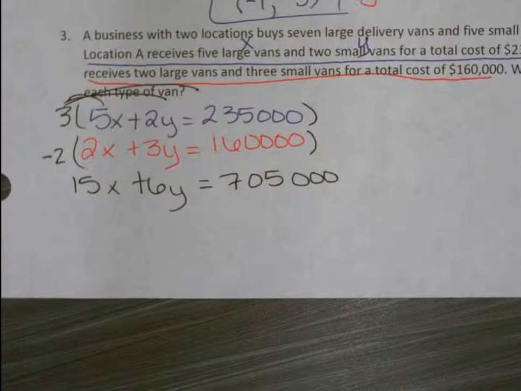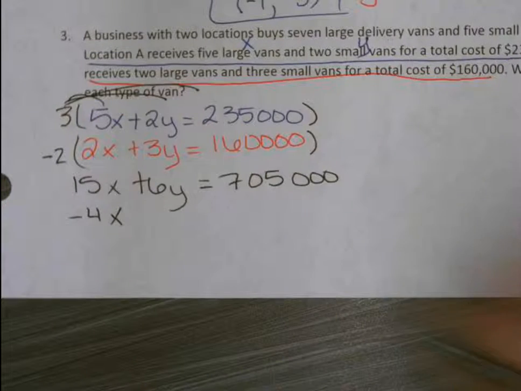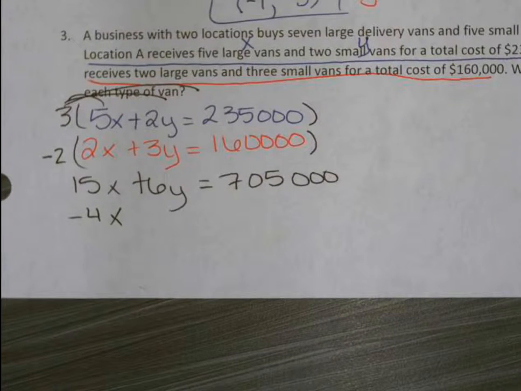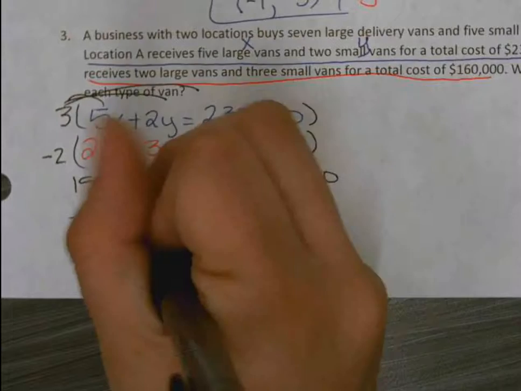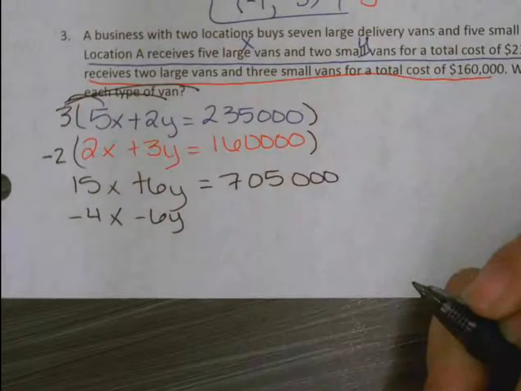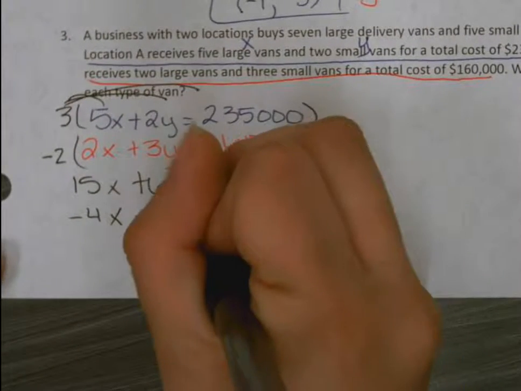Okay, so then when I multiply my second equation, negative 2 times 2 is... negative 2 times positive 3. Thank you.